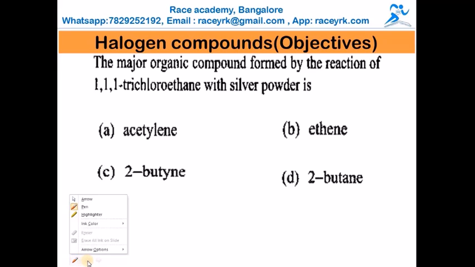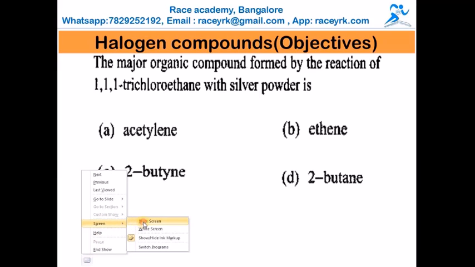Let us understand how this can be studied in terms of a chemical reaction. What is 1,1,1-trichloroethane? You know what ethane is. It is nothing but CH3, but in place of 3 hydrogens, I am going to write 3 chlorines for this carbon.